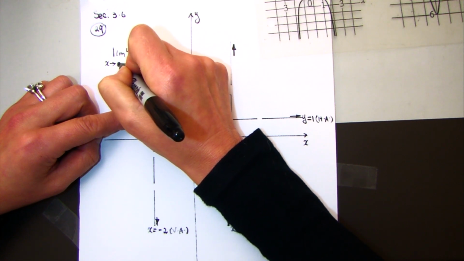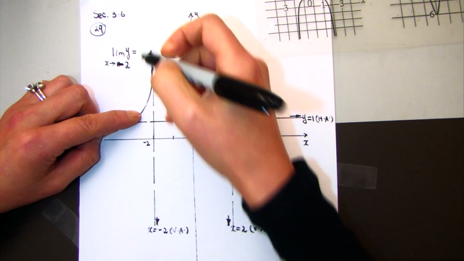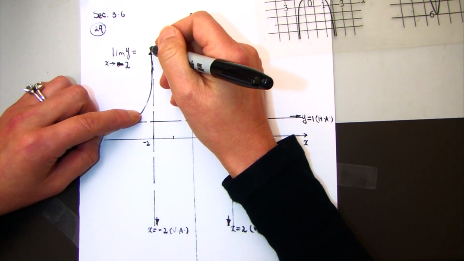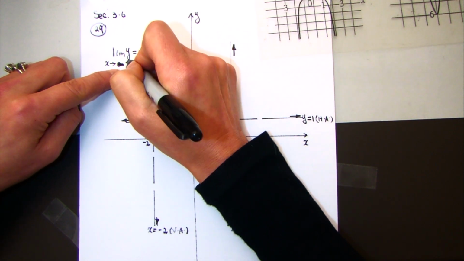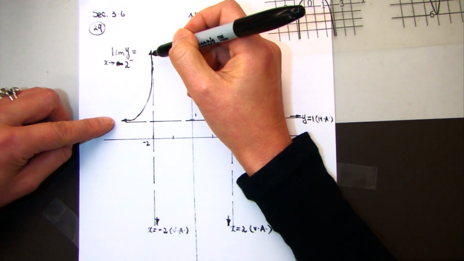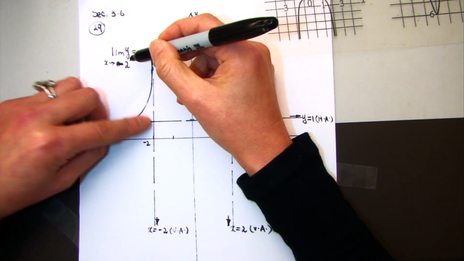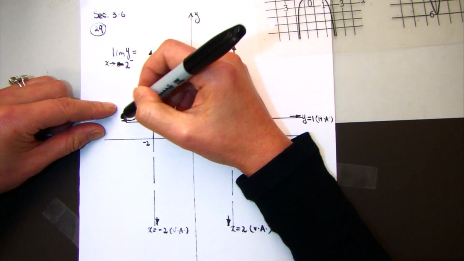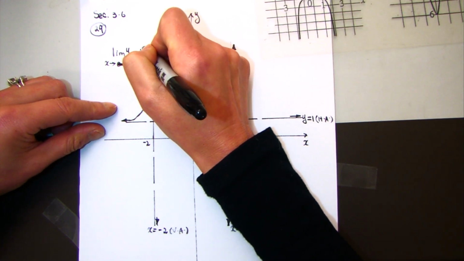X gets really close to -2, and it's coming to -2 from the left-hand side. How do I do left? Tiny negative sign. Okay, again, x gets close to -2 from the left-hand side. What's the y value? Y shoots way up. That's positive infinity.